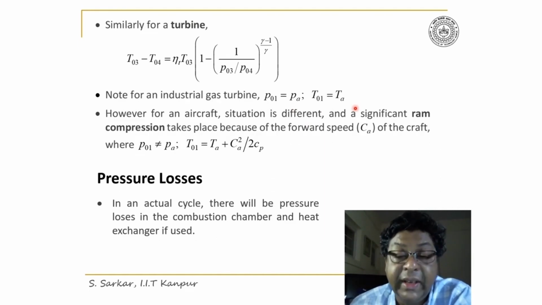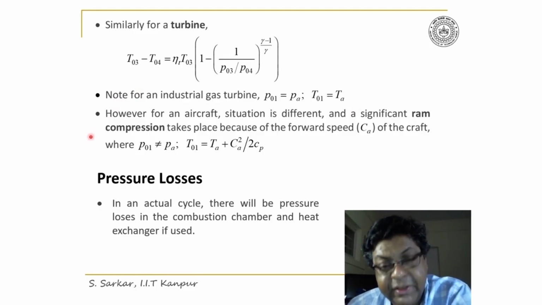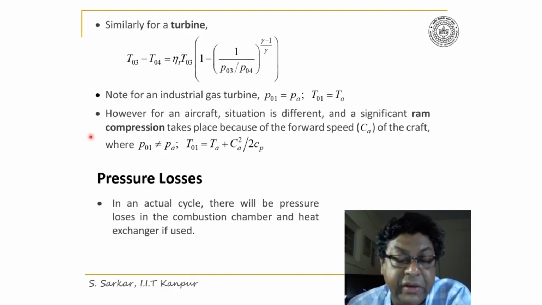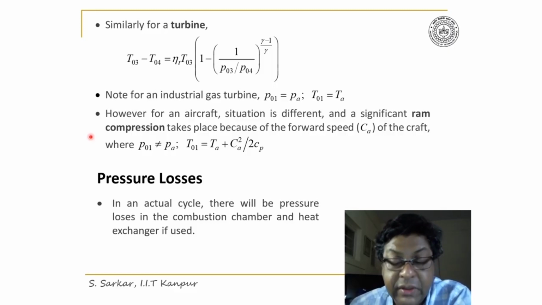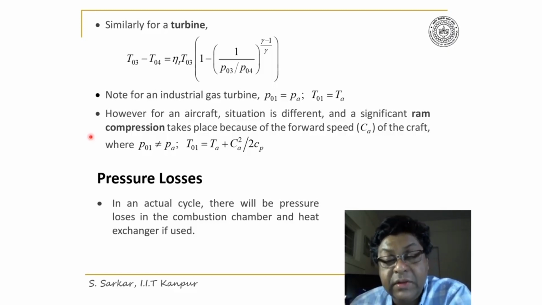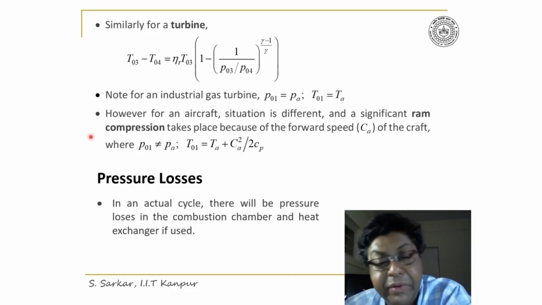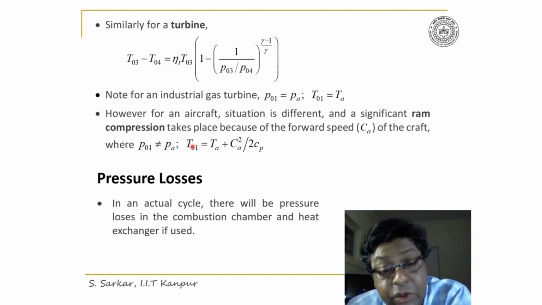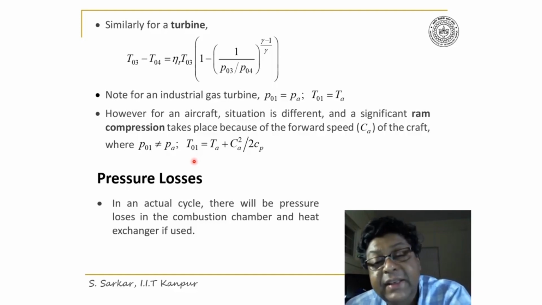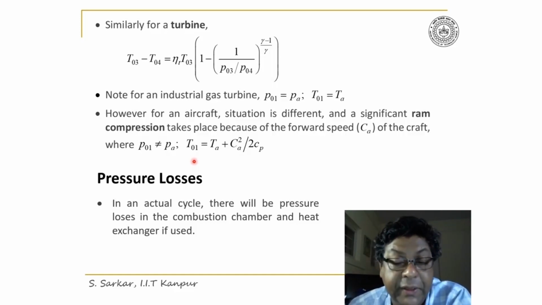However, for an aircraft, the situation is different, where a significant ram compression occurs because of the intake and the forward speed has been diffused. Therefore, there will be pressure rise and thus temperature rise. So here P01 is not equal to PA, and T01 would be TA plus Ca squared divided by twice Cp, where Ca is the forward speed of the craft.